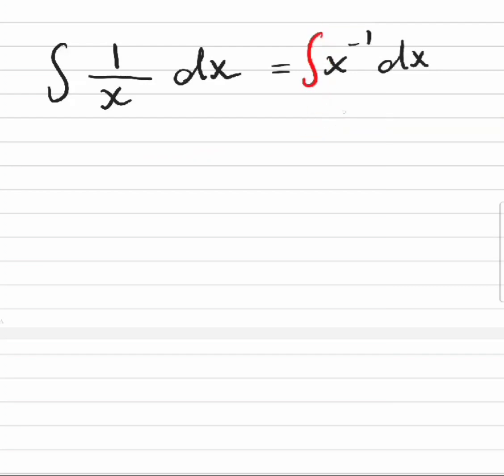And if you have 0 on the bottom, it's undefined. So this is not going to work. For now, you just want to know that the antiderivative of 1 over x is ln x.